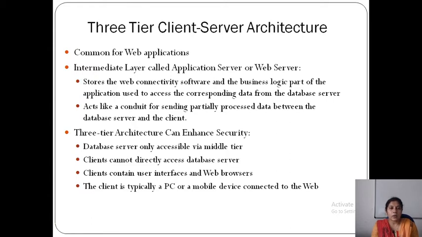Now how will the client access the data here? In the two-tier client-server we have seen it directly accesses the database or the source. But here there is no direct access; it has to go through the web server or the application server. Between the client and the database server, we have an application server or web server.